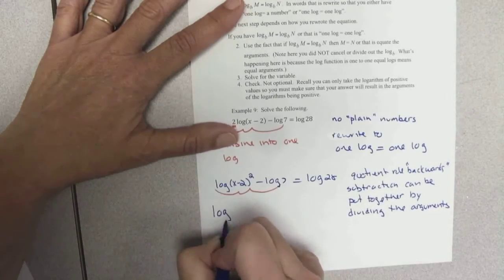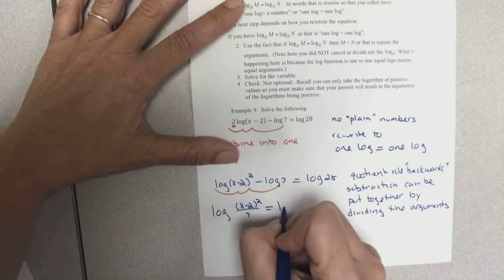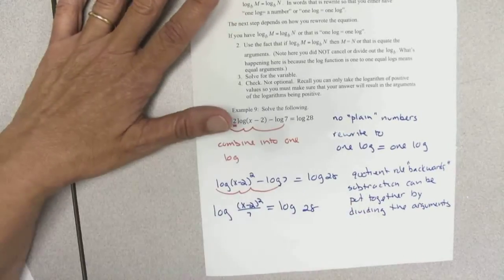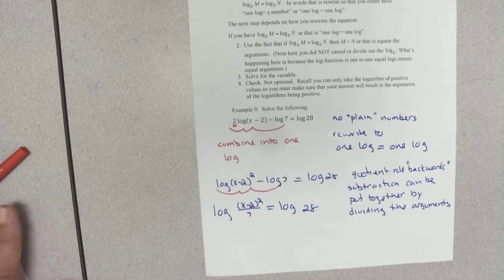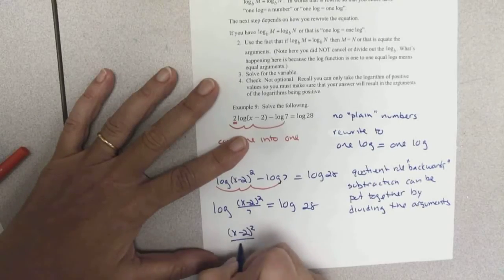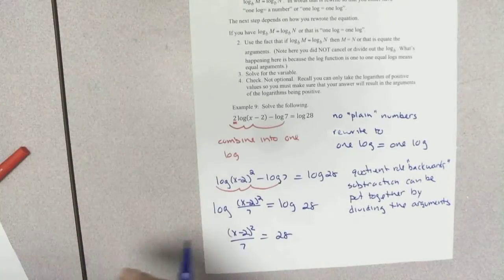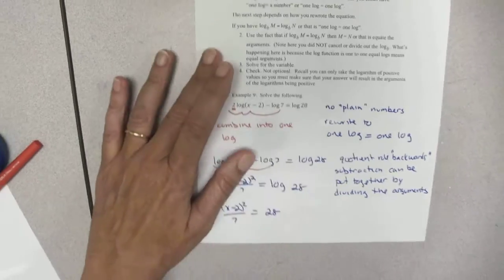So this becomes log of x minus 2 squared over 7 equals log of 28. And so now I have 1 log equal 1 log, and so that means the arguments have to be equal. And then you just decide what to do from there.